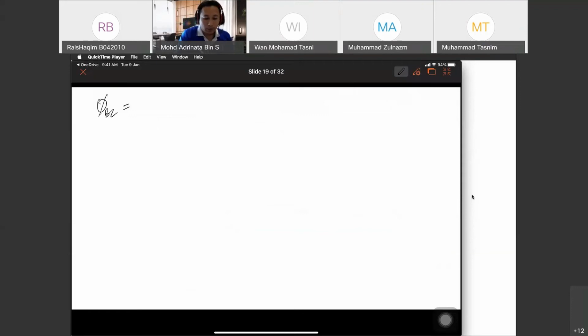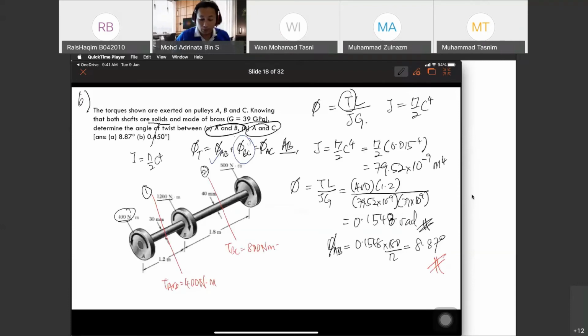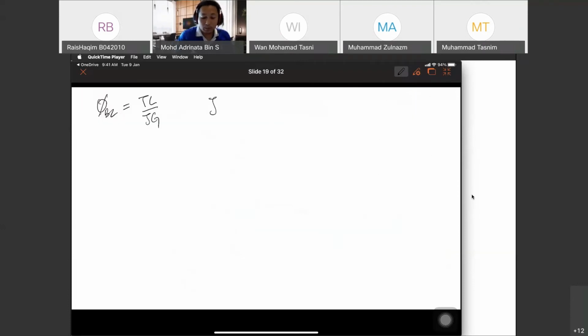is equal to TL over JG, and J for BC is 40 mm. J is pi over 2 times C, C is 0.02, 40 mm divided by 2, to the power of 4. Then we get J equal to 251.3 times 10 to the power of negative 9.